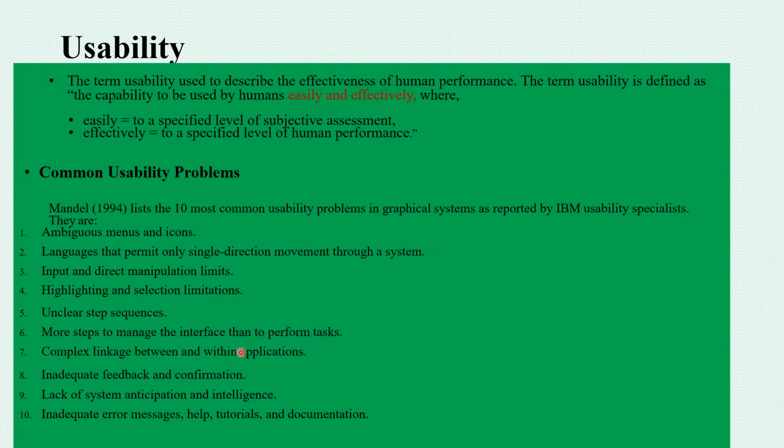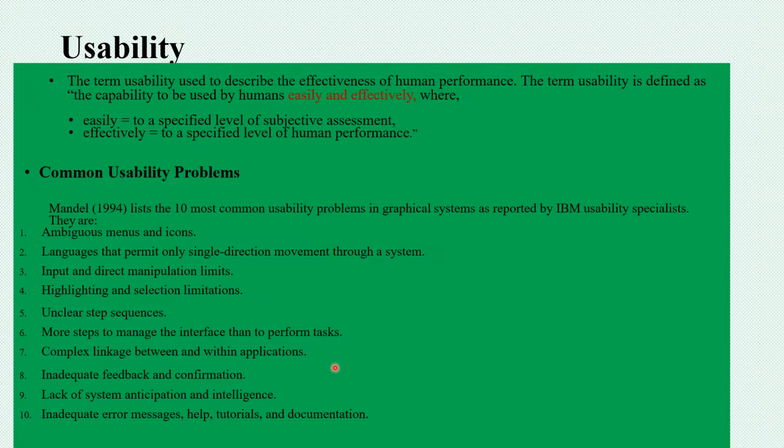More steps to manage the interface than to perform the task. As the number of menus or choices increases, more steps may be used in the interface than in performing useful tasks. Complex linkage between and within the applications.